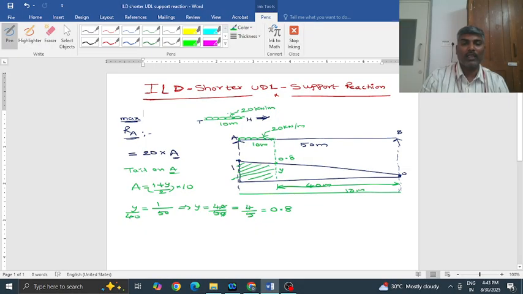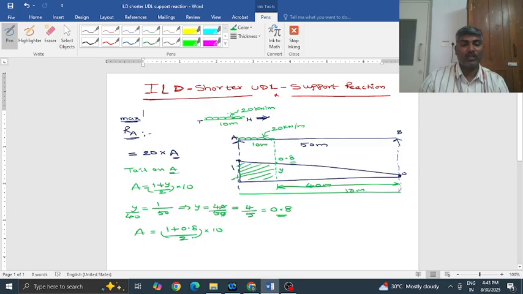The height at the head of the UDL, the ordinate of the ILD, is 0.8. Now you substitute this 0.8 to find the area: 1 plus 0.8 by 2 multiplied by 10.